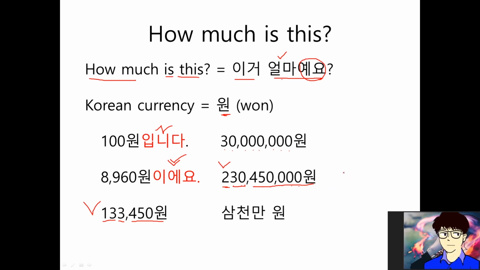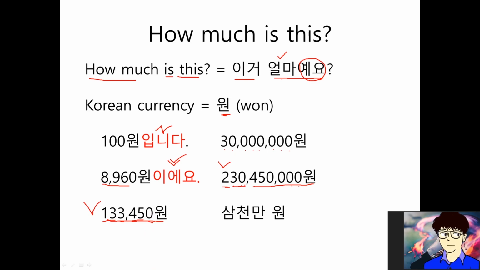Good. So when you talk about the price, basically you just use cardinal numbers and put 원 at the end. Okay? And here's a little bit important point. When you use just Arabic numbers, you just put 원 right next to the number.